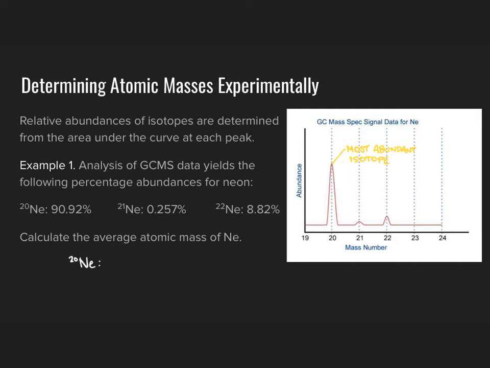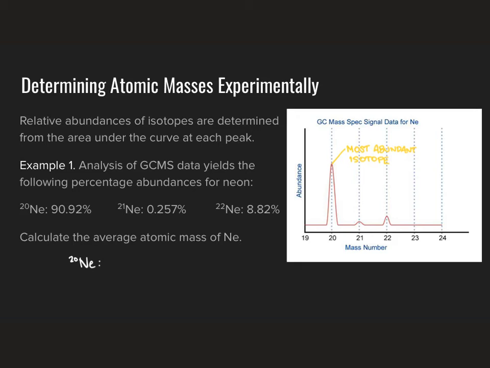And in a similar fashion here, we would expect to see our average atomic mass of neon be closer to 20 than 21 or 22, because in our example, neon 20 is by far the most abundant isotope of neon.